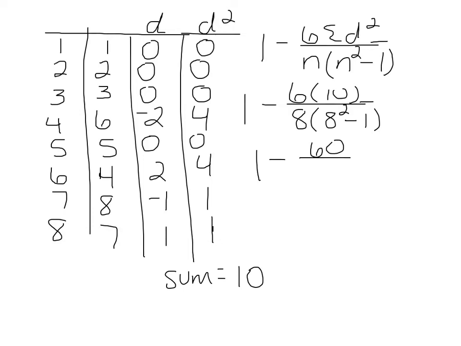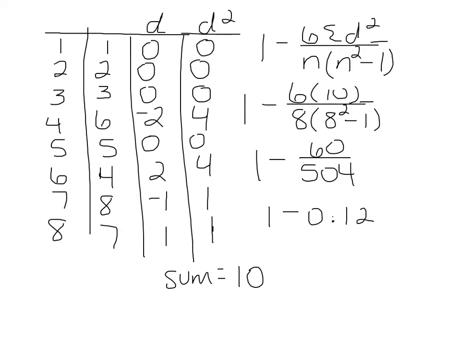Please excuse my dear Aunt Sally, you do the things in parentheses first, exponent first, so 8 squared is 64, minus the 1 is 63, and then do the multiplication by 8, so 504. A fraction is just a division problem, so that is 60 divided by 504, which is 0.12.